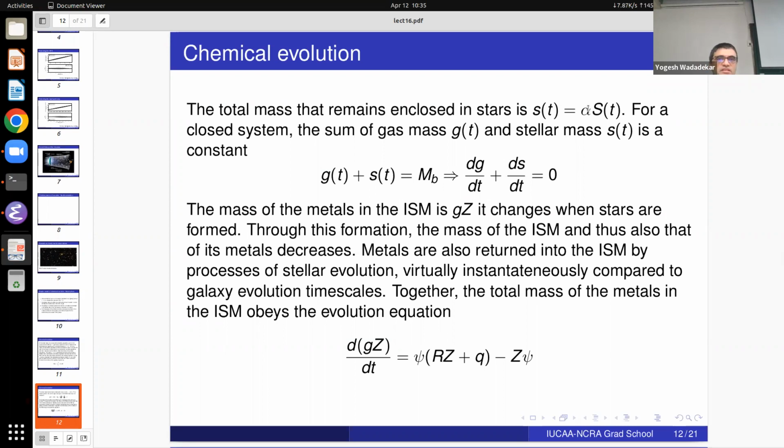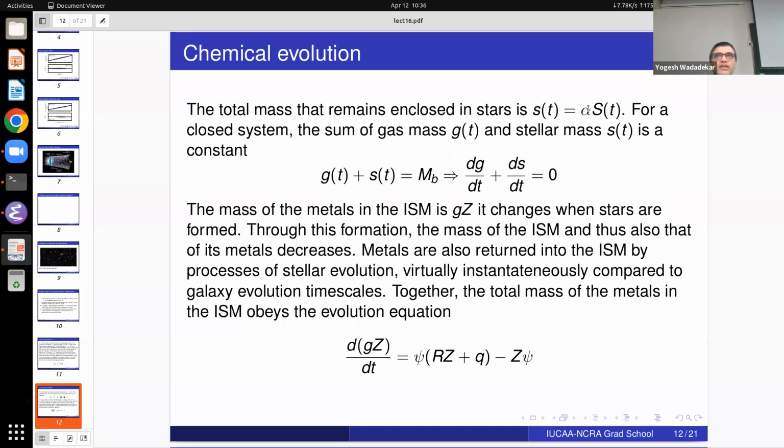For a closed system, the sum of the gas mass and the stellar mass is a constant. Okay, so you may ask, what about dust? In most systems, the mass of the dust is very small compared to the mass of the gas and the stars. So for the moment we ignore dust.